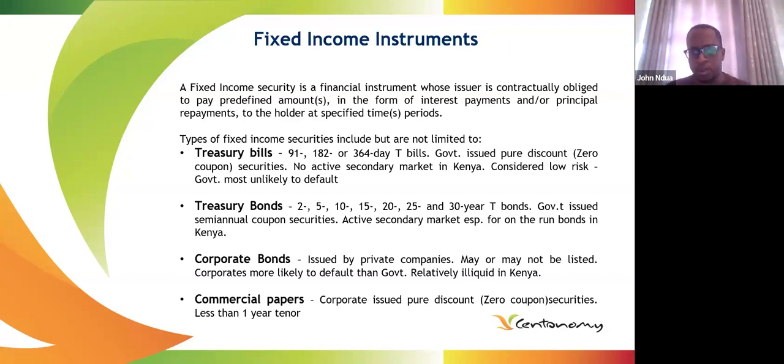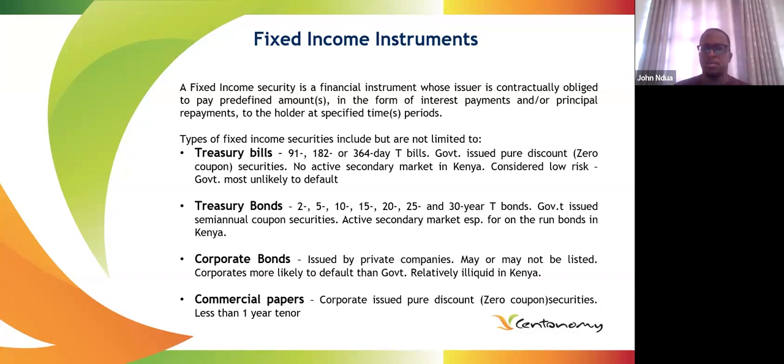So what is a treasury bill? A treasury bill is a short-term fixed income security. They issue 91-day, which is 3 months, 182, which is 6 months, and 364, which is 1 year. They do it every week: we need to borrow 24 billion Kenya shillings, but we will pay you in the next 3 months.